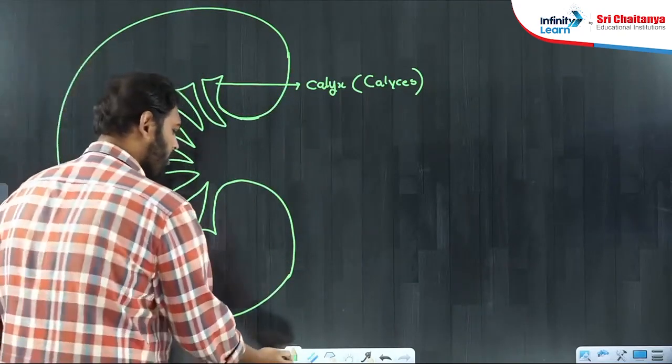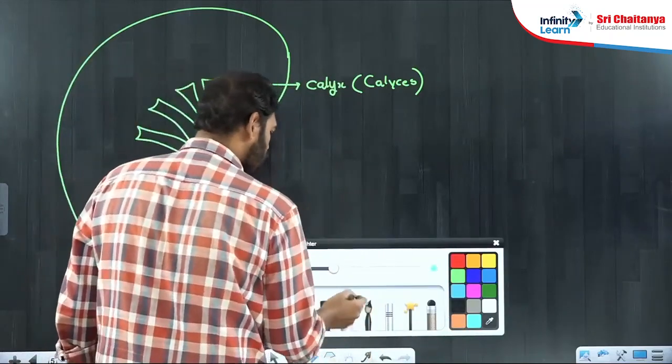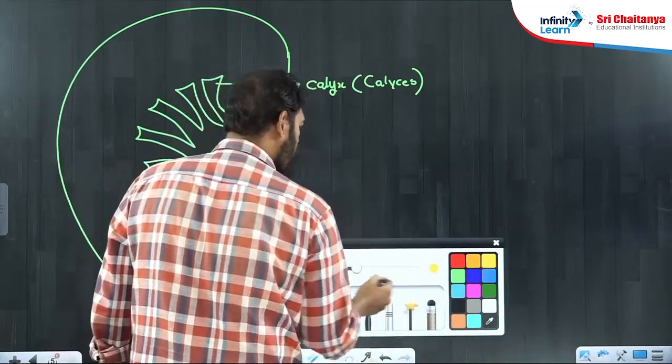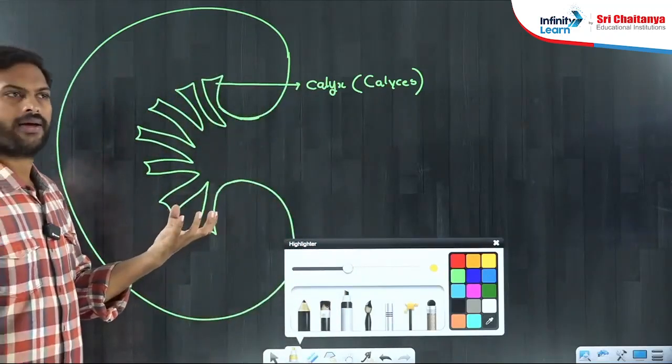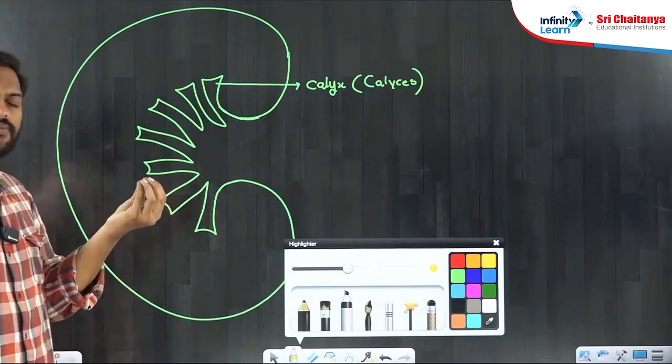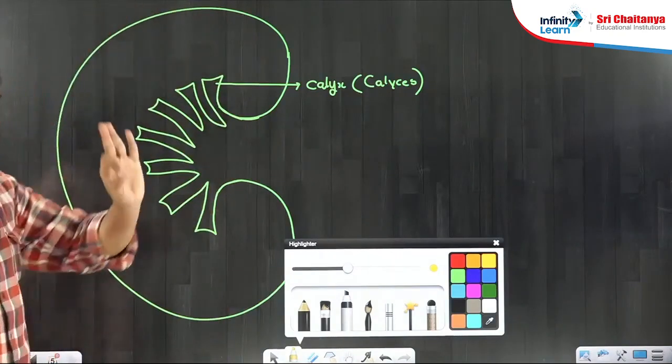And inside the kidney, depending on color as well as on concentrations, molarities, it is very easy for us to split the interior of a kidney into two parts.